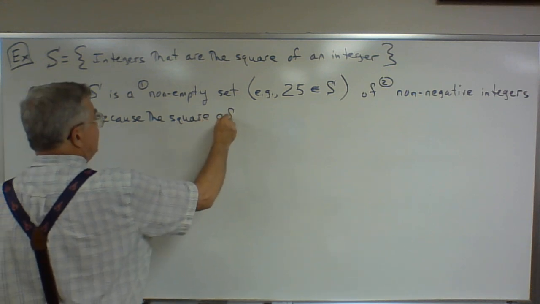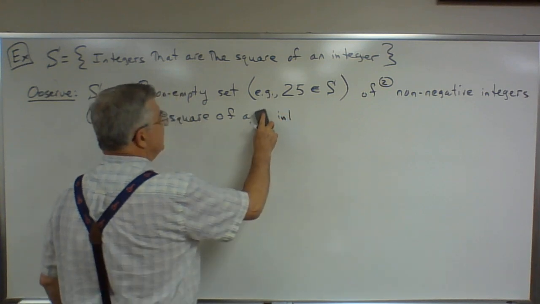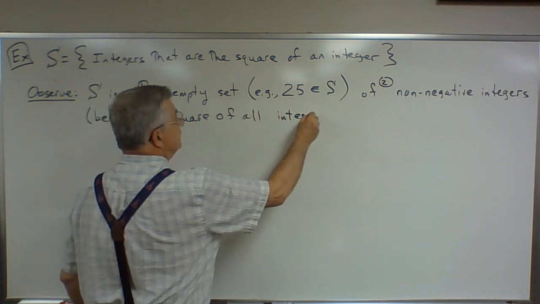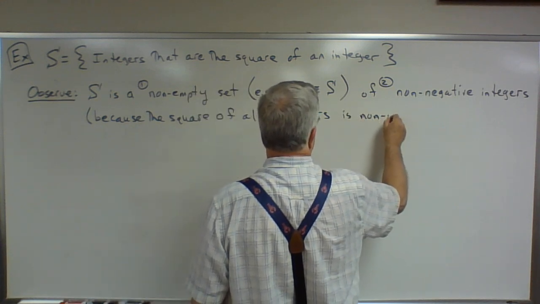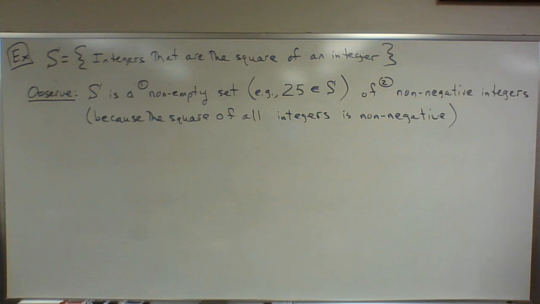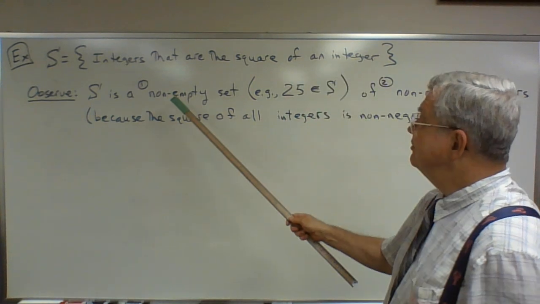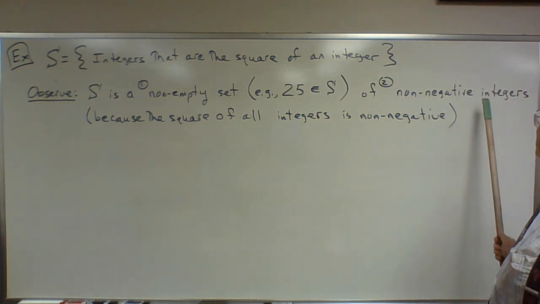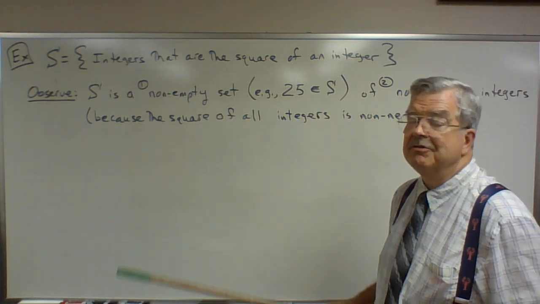I want to say the square of all integers is non-negative. S is a non-empty set. For example, 25 is an element of this set of non-negative integers because the square of every integer is non-negative.